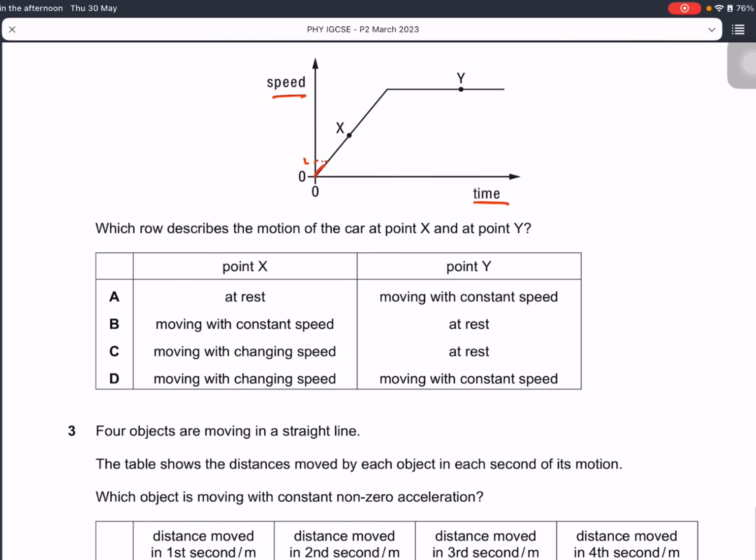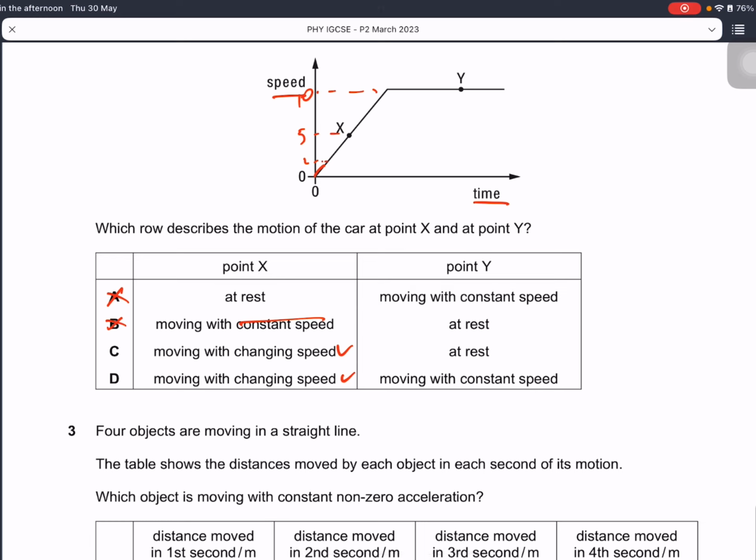It used to be 2 here, maybe 5 here, maybe 10 here. It's increasing along with the time. So it's moving with a changing speed. So either C or D; we eliminate A and B here.